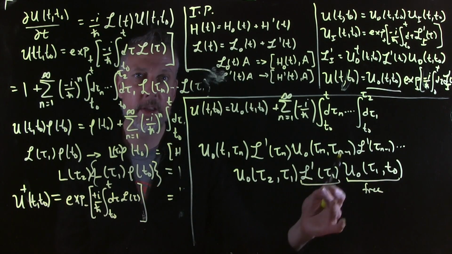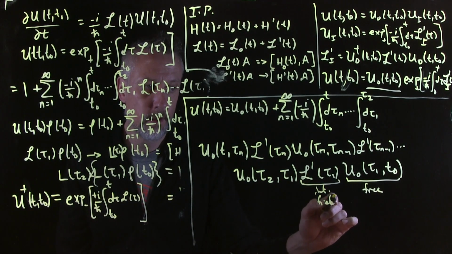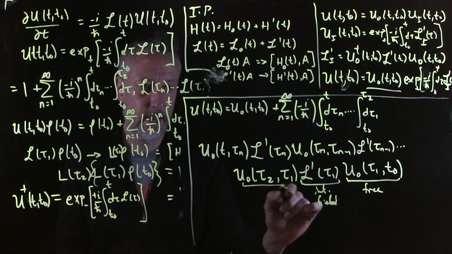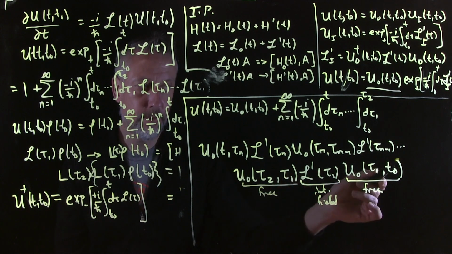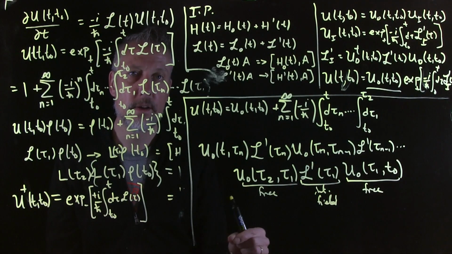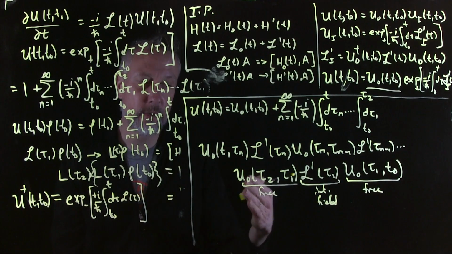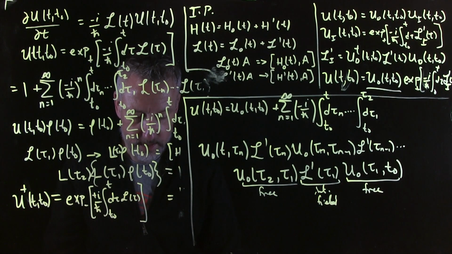Then we hit it with whatever the interaction is, the field. Then it's free again, then the field, then free, then field, then free, and then we add up all these different time-ordered combinations of these things. And that's what we're doing when we're doing perturbation theory. We cut it at some low order.